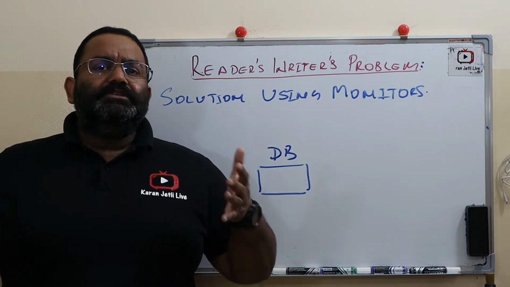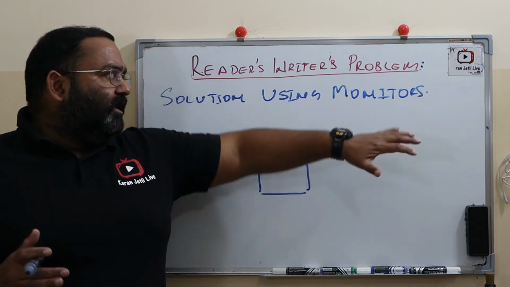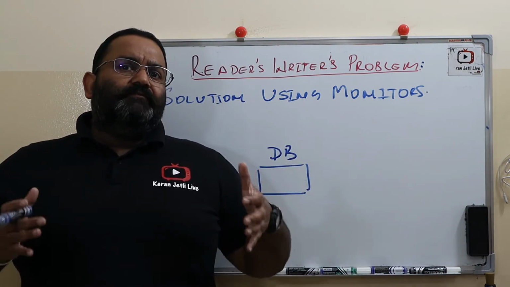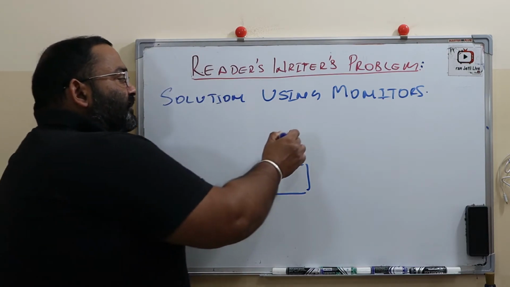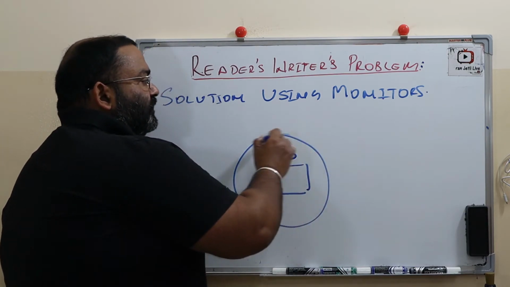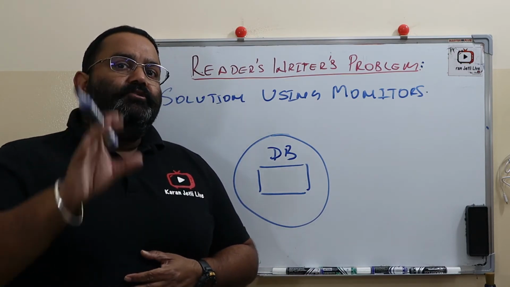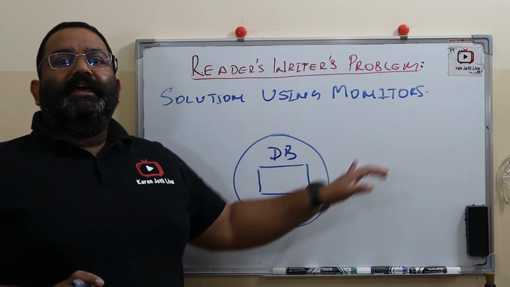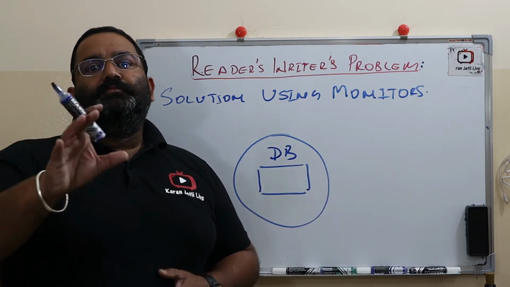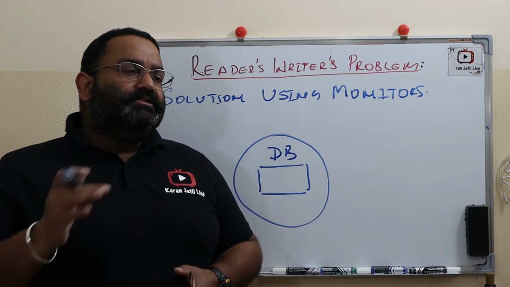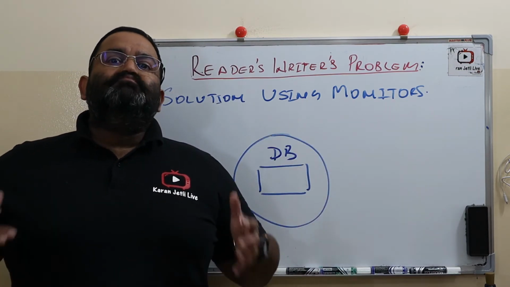Before we start, what is a monitor? Guys, monitors are features which come with programming languages which have the capacity of hiding the data, or encapsulating the data, and they can control which thread can access that data based upon some condition. These are called monitors.